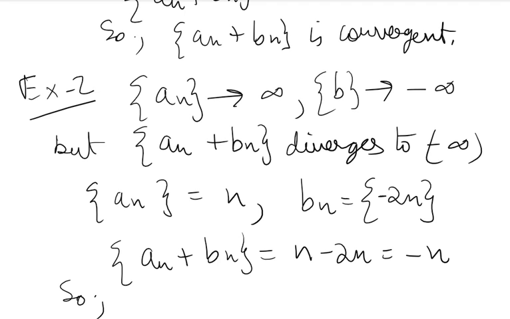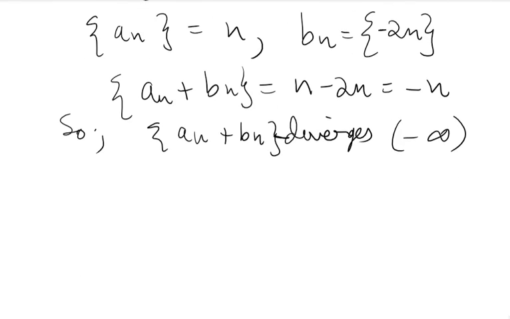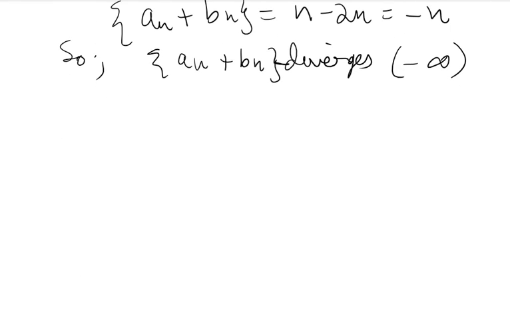So you can easily see that an plus bn diverges to negative infinity. Let's go on to the third example.